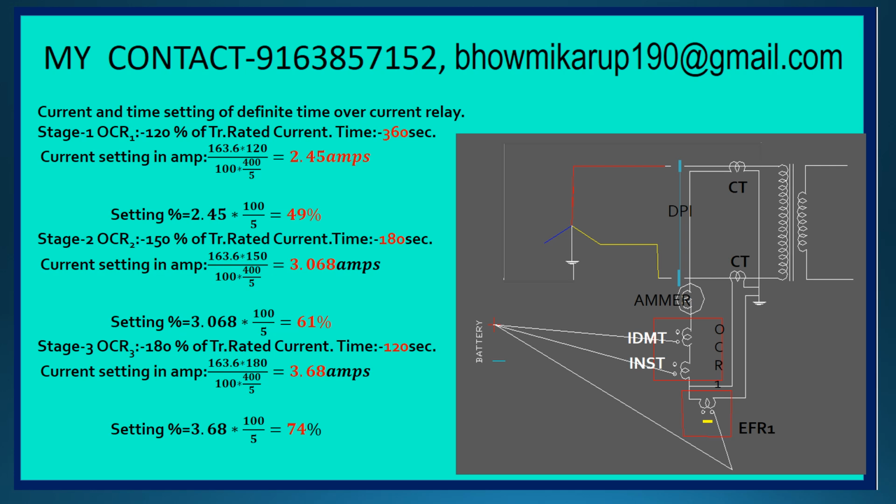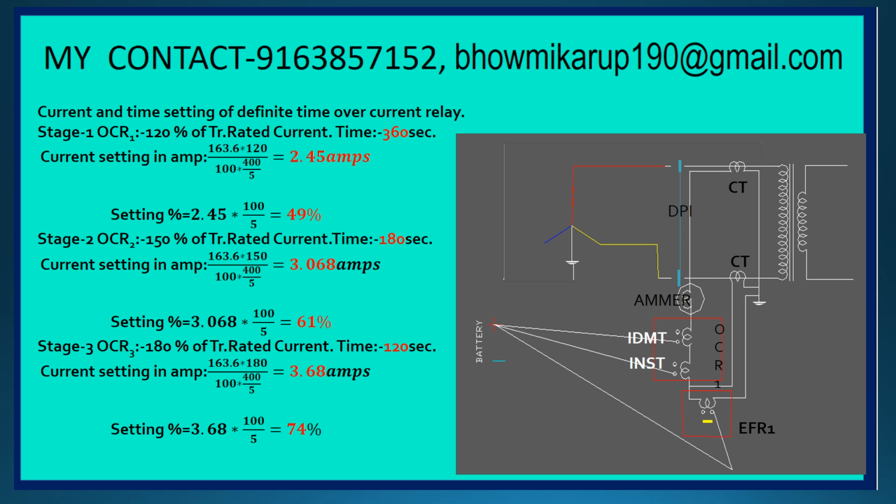It is around 74%, means 0.74. Set these two things, set the time and everything. So easily you can do it.